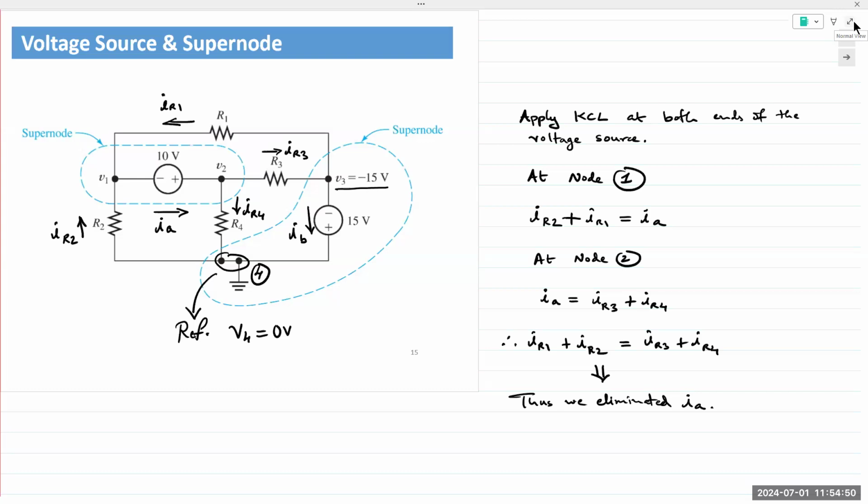Hence my emphasis on students doing the KCL and KVL homework at the beginning. Students need to identify the nodes, apply KCL, make assumptions of the branch currents, generate your equations, and then express everything using Ohm's law and node voltages.